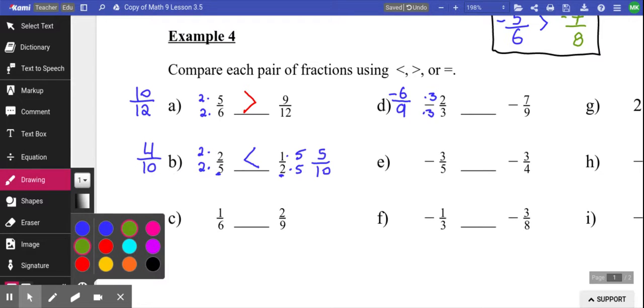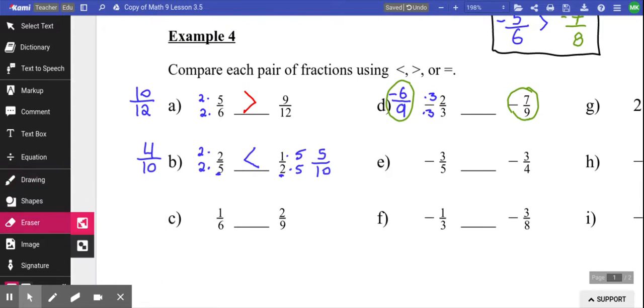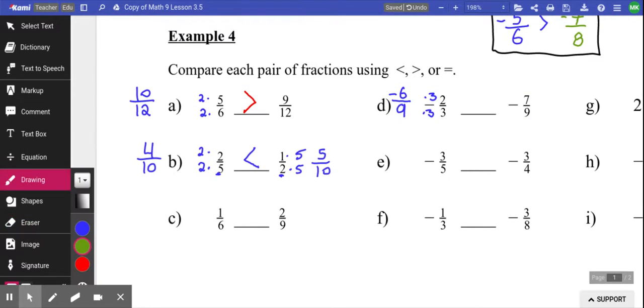That is something that I could compare to the other fraction. Because these are negatives, negative 7 over 9 is actually less than negative 6 over 9 because it's gone further to the left. Therefore, my arrow, when I'm doing my less than greater than, should be facing that way.